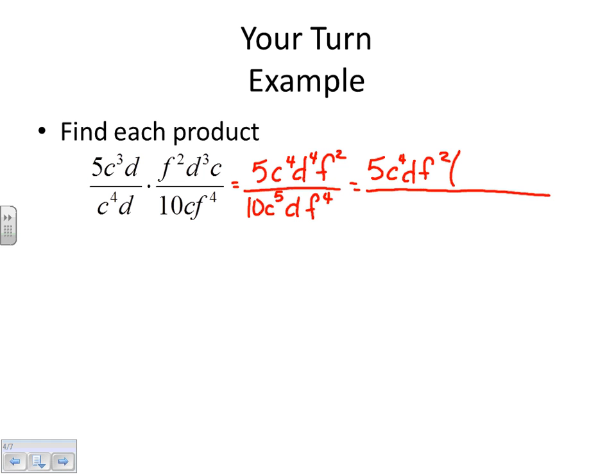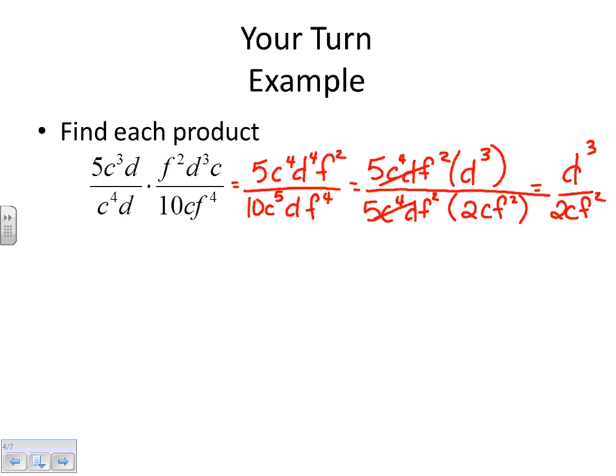And when we factor out that, we are left with d cubed over 2c f squared. Now these greatest common factors cancel, and we are left with d cubed over 2c f squared. And that's your simplified version, d cubed over 2c f squared.